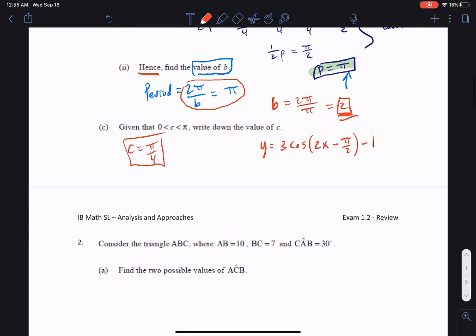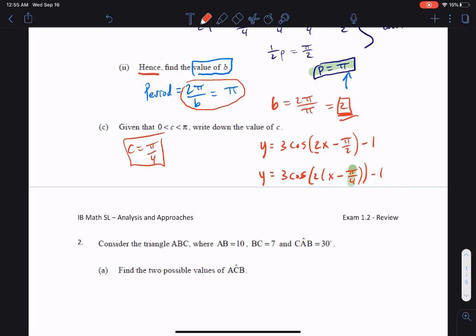If you factored out a B and wrote it the way they would have written it, factoring out this value 2, this would be this. That's their value for C. These equations are exactly the same. But if you factored out that 2, this is your phase shift. It's pi over 4.